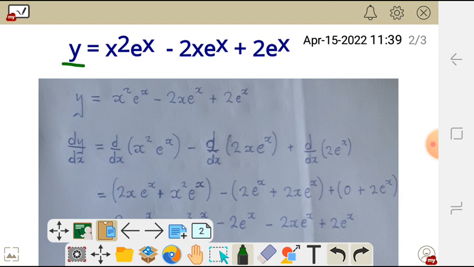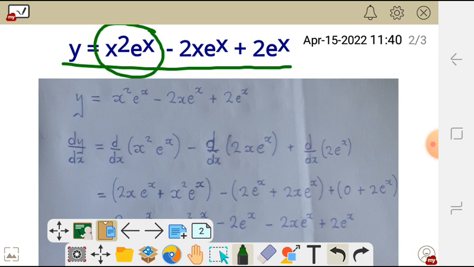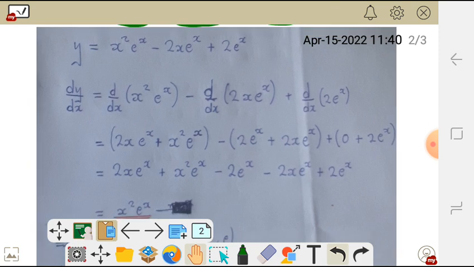So the differential of this function is the same as the differential of this function minus the differential of this plus the differential of that. Okay, so the differential of this here is the same as multiplying the differential of x squared with e to the power x, then you add the differential of e to the power x multiplied by the x squared.